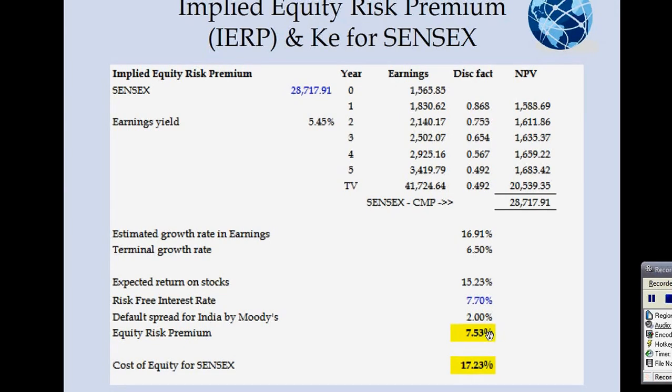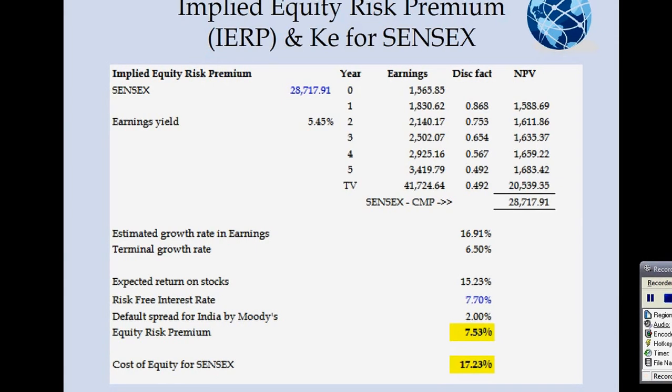So the equity risk premium for Indian stocks would be 7.53%, and any person who invests in Indian stocks would expect an excess of 7.53% over the interest yield on the 10-year bond, which is 7.7%.